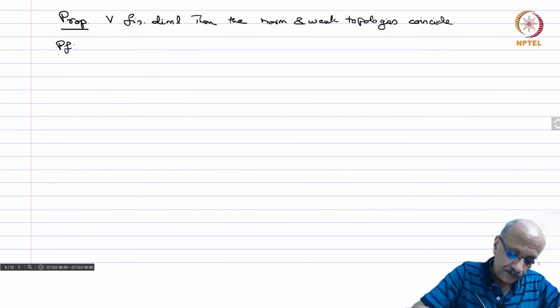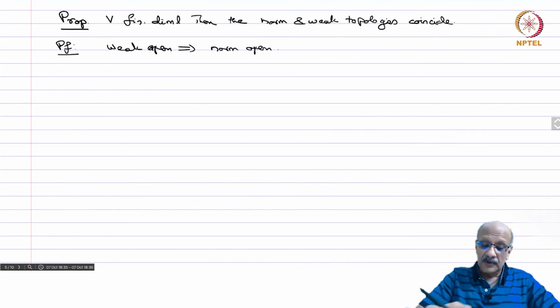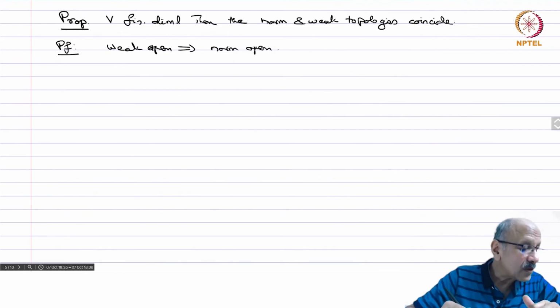Okay. So proof. Okay, so weak topology: weakly open implies norm open, because the norm topology is much bigger, the weak topology is a smaller topology, so every element of the weak topology is a member of the norm topology.